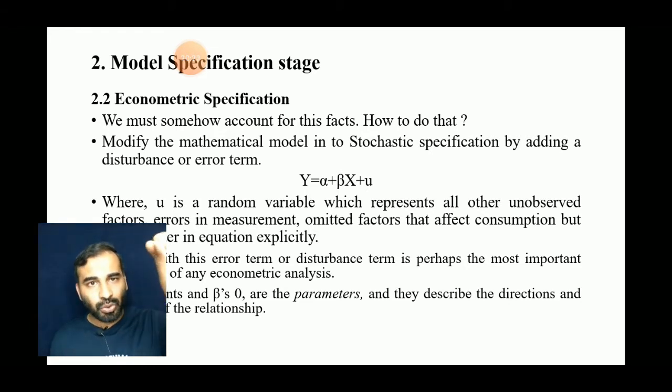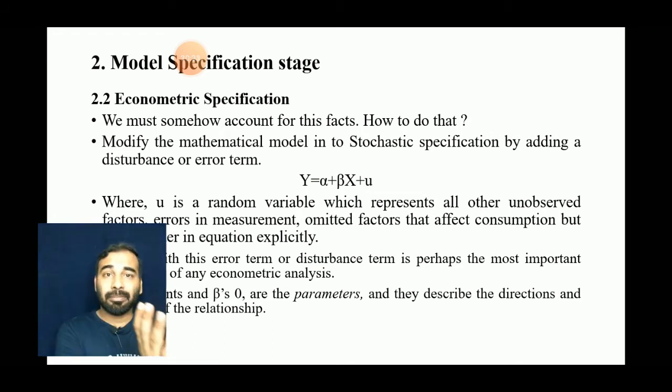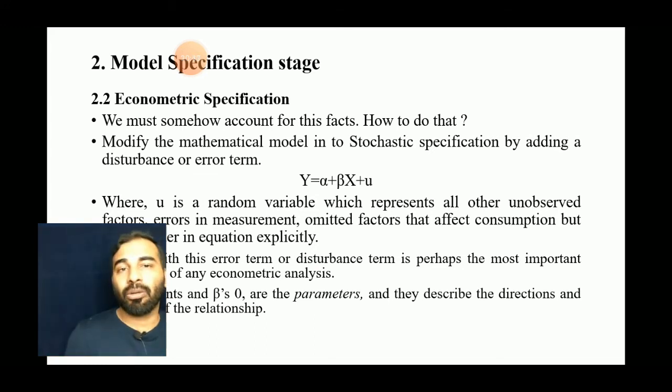So this U will capture all other omitted variables from your model, and the impact of all those omitted variables will be captured by this U term. I hope it is understood.